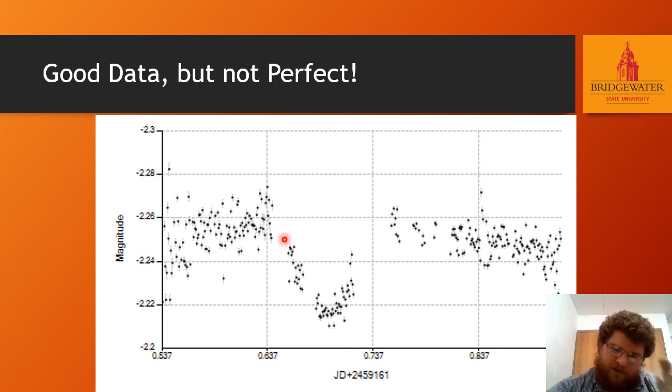Also to mention that there was a bit of cloudiness here. There was a stalling of the mount here, where there was a 15-minute period that I had to fix, which was actually very lucky, because otherwise I would have missed the bottom of the transit. Honestly, I'm surprised that I was able to get it done that quickly.